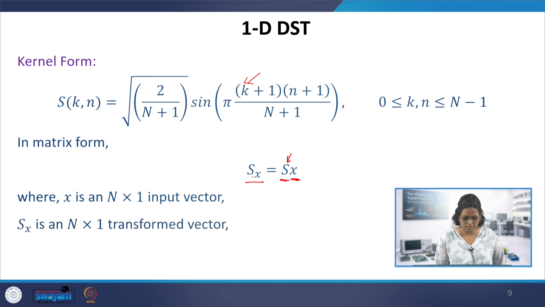And SX is the N cross 1 transformed vector. So multiplying the X sequence with the kernel results in the transform vector, the DST coefficients of X. So S is N cross N.